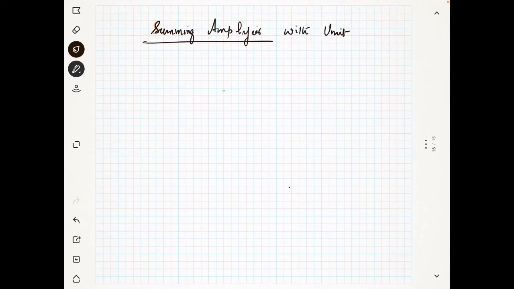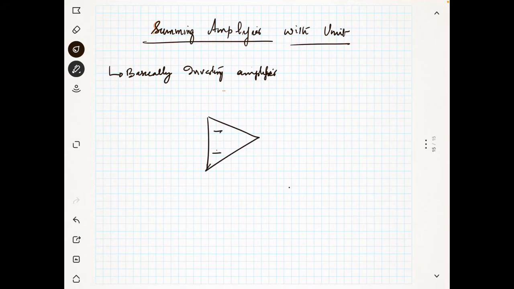What is happening here? Basically it is an inverting amplifier. So we will see the circuit diagram. Minus, plus. And this is R1 and this is R2.